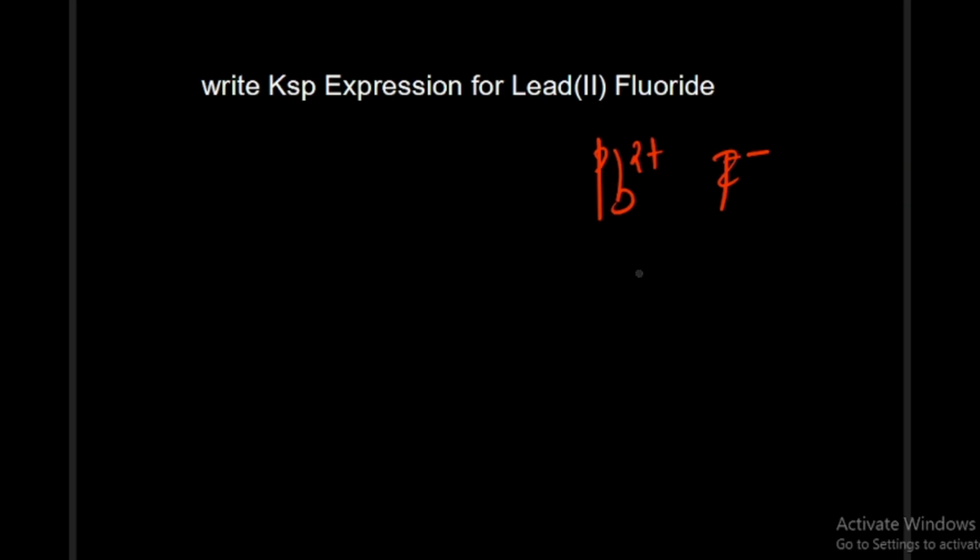Do you understand? So if you want to write the chemical formula, you're going to have Pb, which is 2, and F, which is 1. So this will move here, and this will move here. So what is the formula here?